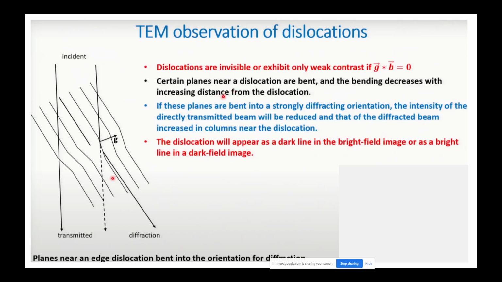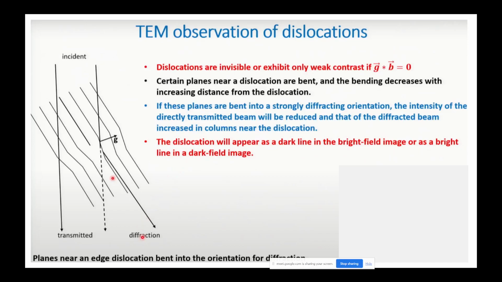Certain planes near a dislocation are bent, and the bending decreases with increasing distance from the dislocation. If these planes are bent into a strongly diffracting orientation, the intensity of the directly transmitted beam will be reduced and that of the diffracted beam increased in columns near dislocations. So the dislocation will appear as a dark line in the bright field image, or as a bright line in the dark field image.